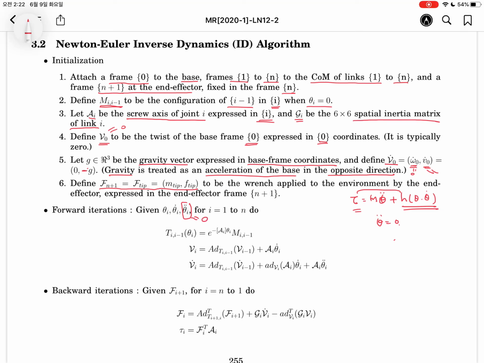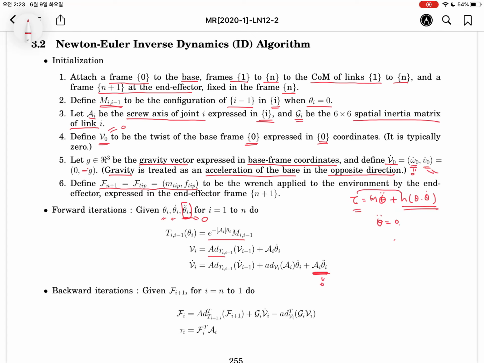This theta and the theta i dot are the current status, but theta i double dot will be given as 0. So we can determine the T and V and V dot, but this term will be 0 all the time. Every iteration, it should be 0. The remaining terms remain as the current ones.